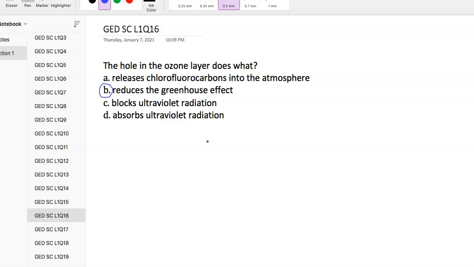Therefore, the hole in the ozone layer allows those harmful rays to reach us on Earth. Chlorofluorocarbons being released into the stratosphere leads to ozone layer depletion, but is not a result of the hole in the ozone layer, if that answer was tempting for you.